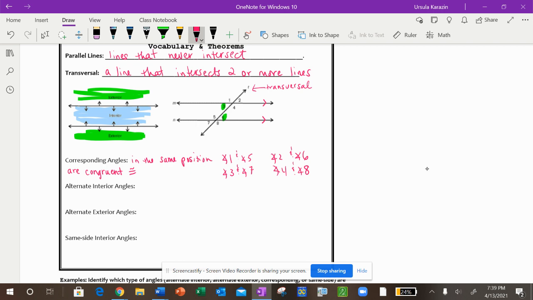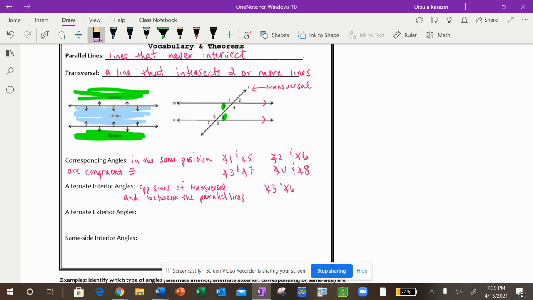Okay, so let's put a little bit something here. Alternate, so they're on opposite sides of the transversal and interior, between the parallel lines. So we just decided 3 and 6.